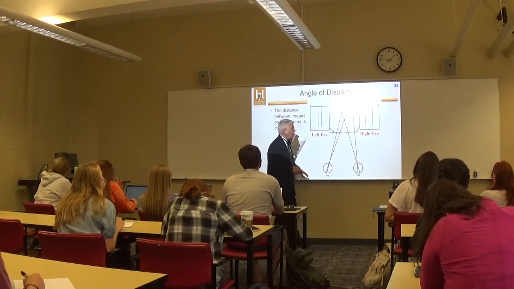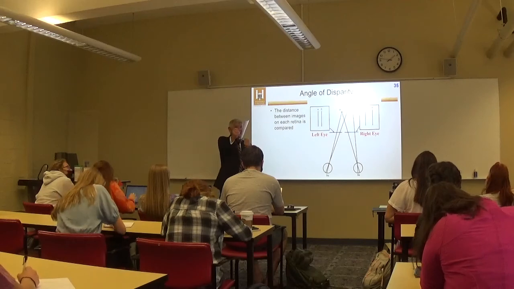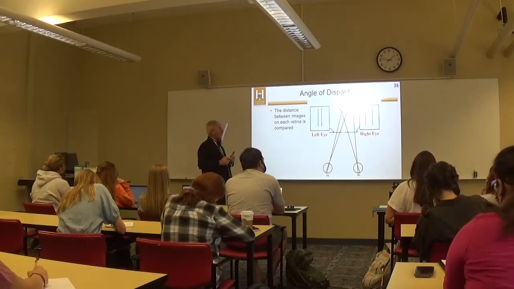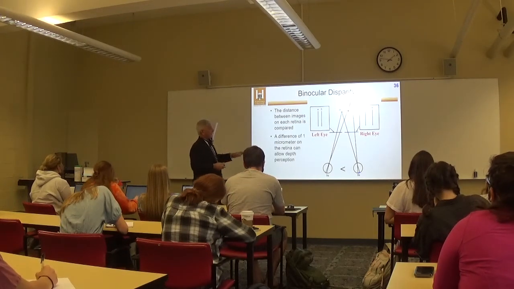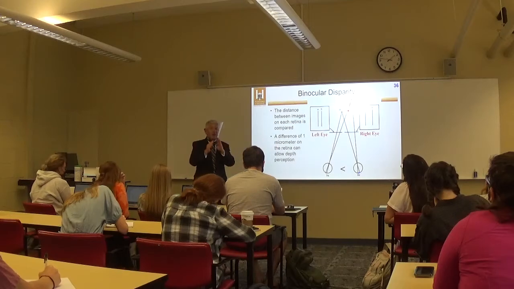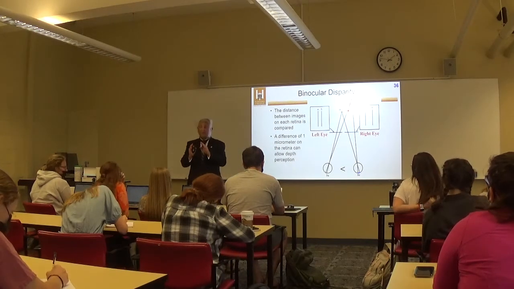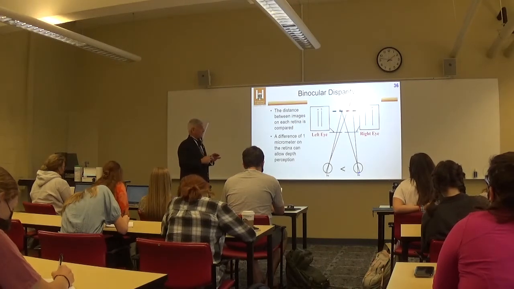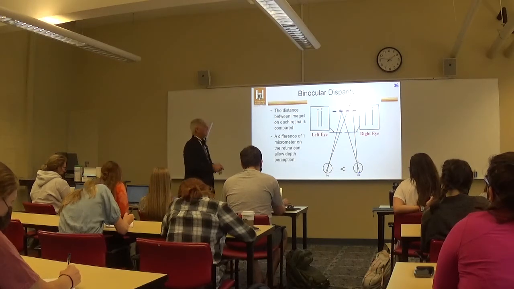And when that distance is not equal, then it says that those things are at different depths. We can calculate that difference to the level of 1 micrometer on our retina, which is pretty amazing because our receptors aren't even that small.